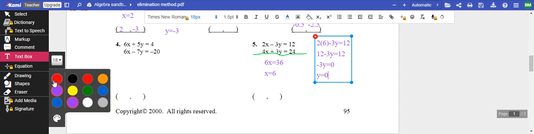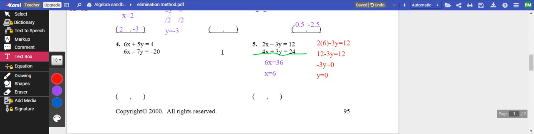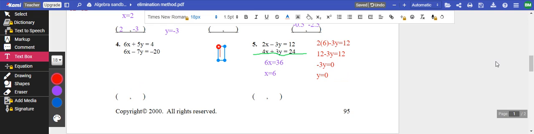Now let's see if this worked. I'm going to change the text color so you can see the difference. We're going to check our answer. I'm going to use the first one because it doesn't really matter. I'm going to go 2 times 6 minus 3 times 0. Does that equal 12? And we get 12 minus 0 equals 12. So it does work. 12 equals 12.